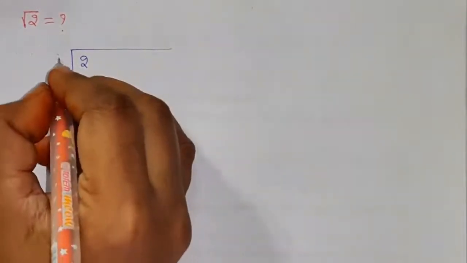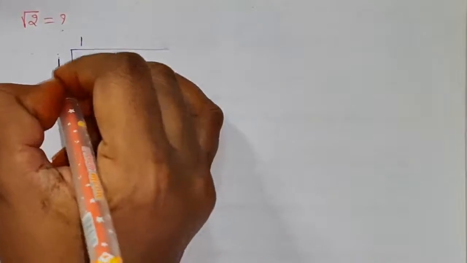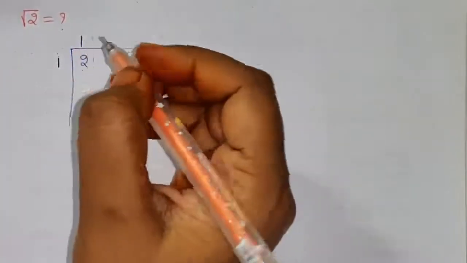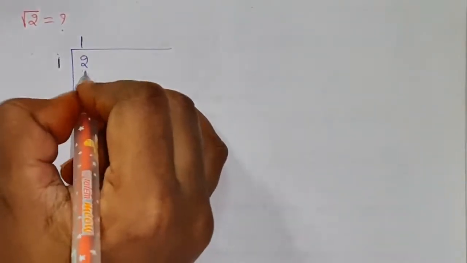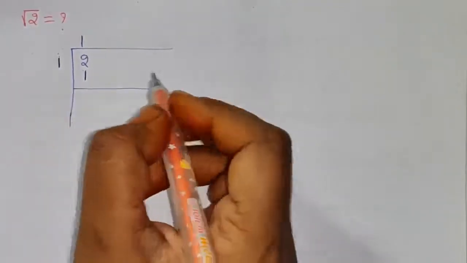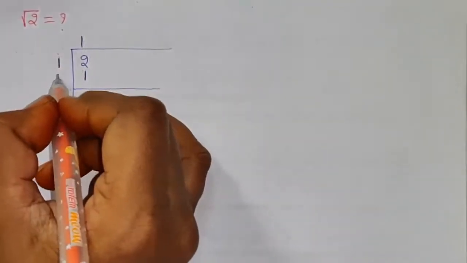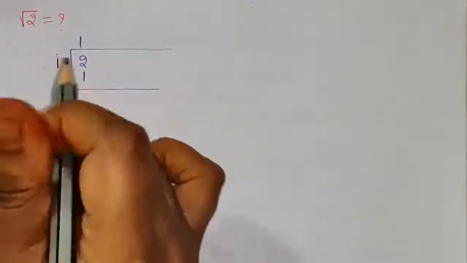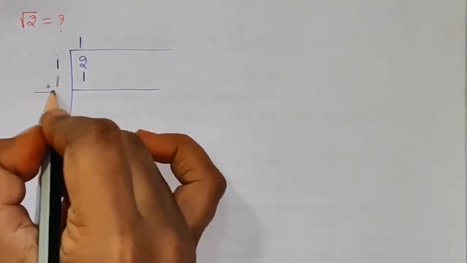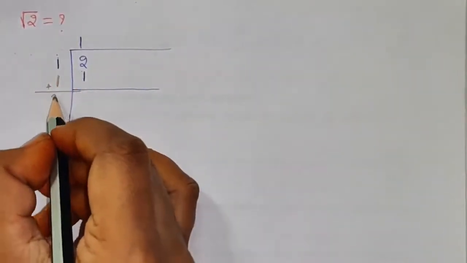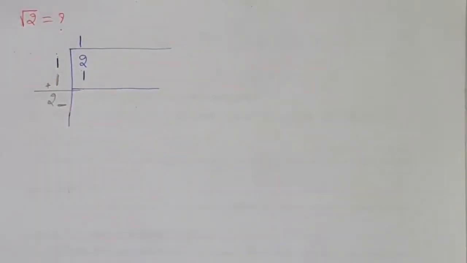So I am taking 1 only: 1 in the divisor, 1 in the quotient also. So 1 one is 1. This quotient will be added to the divisor to get the next divisor. That is 1 plus 1 is 2, and we need to fill this blank.